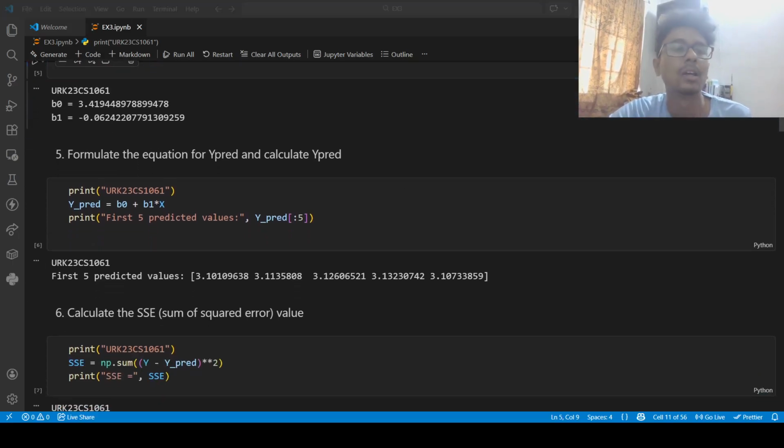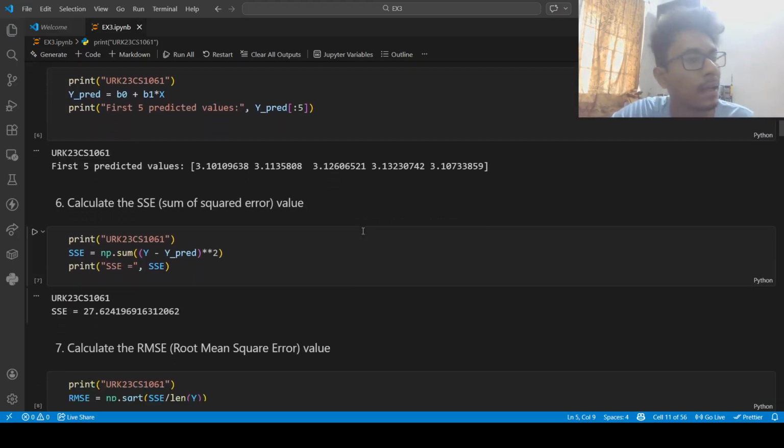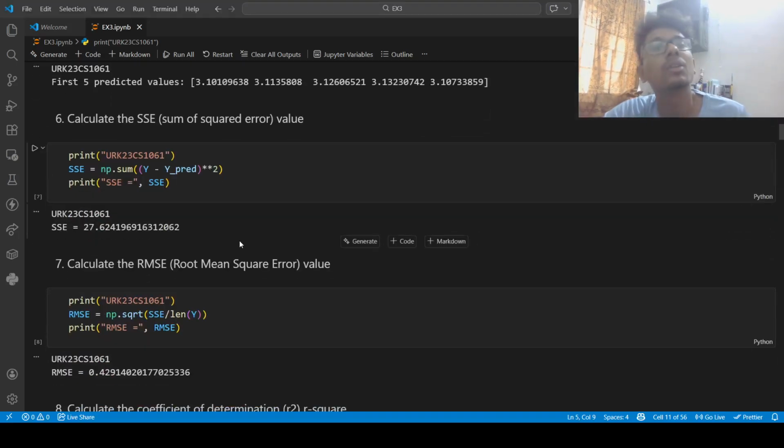The next question is to formulate the equation for y pred and calculate y prediction. It's very simple. Y prediction is equal to b0 plus b1x. We just substitute the values and find the first 5 predicted values. The next question is to calculate the SSE, the sum of squared error value.